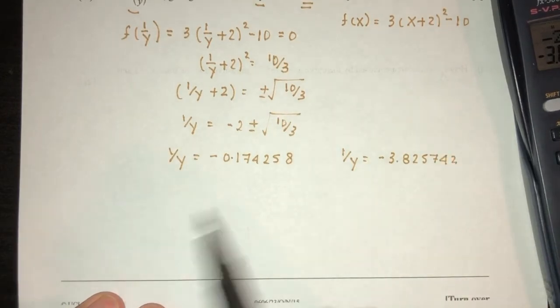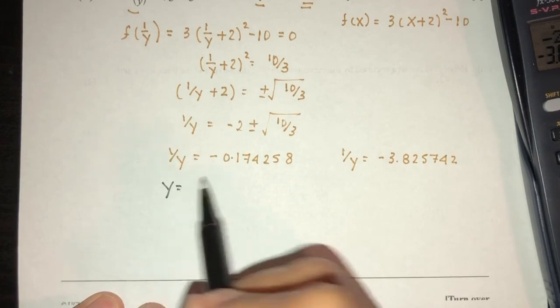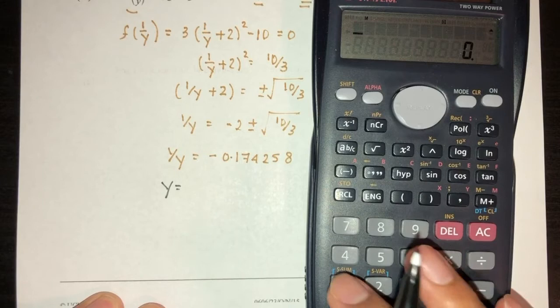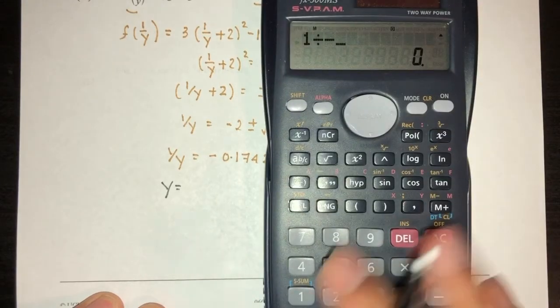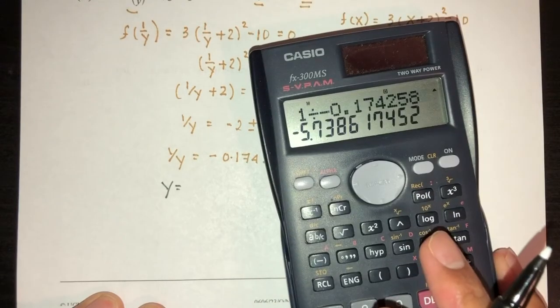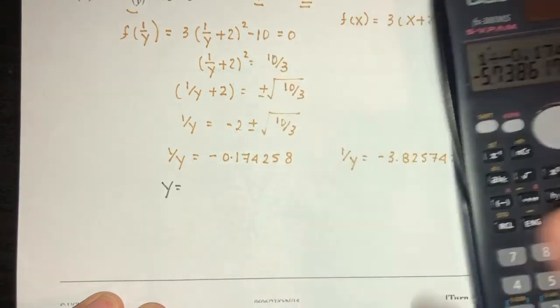So finally we have to find the value of y. We have to flip this upside down. So basically you have to write 1 divided by minus 0.174258. That will be minus 5.74 to 2 decimal places.